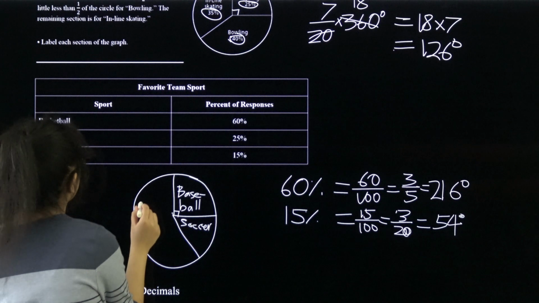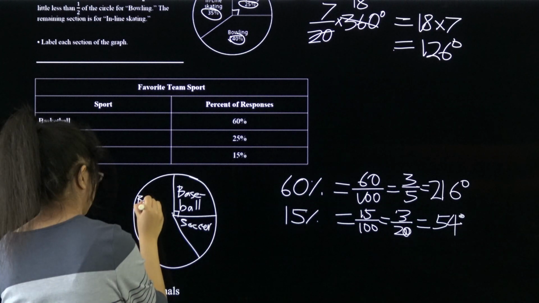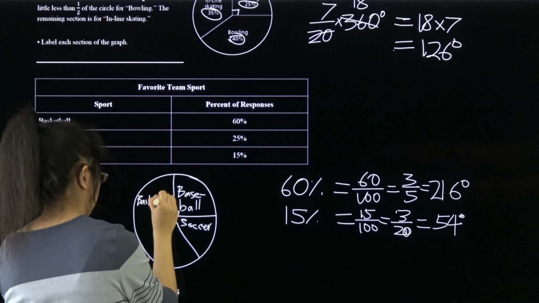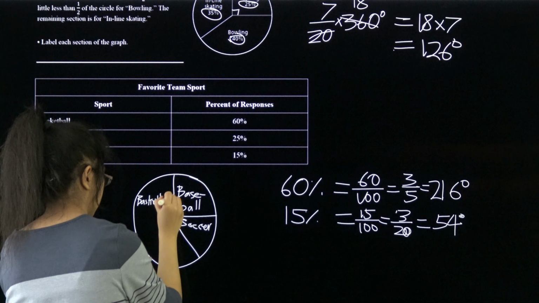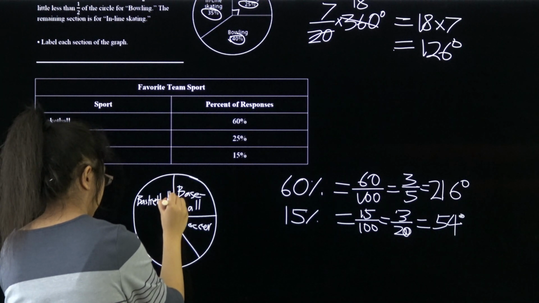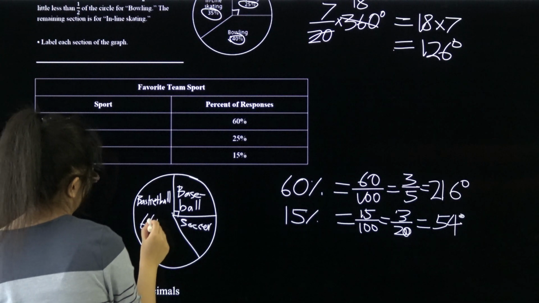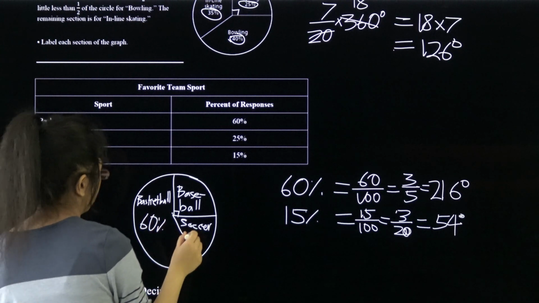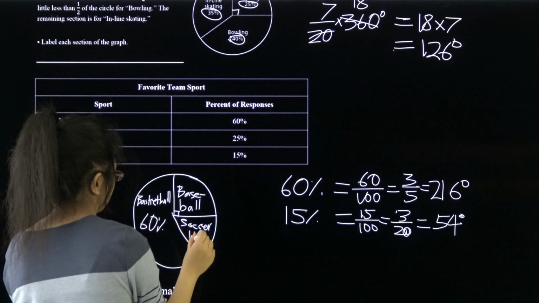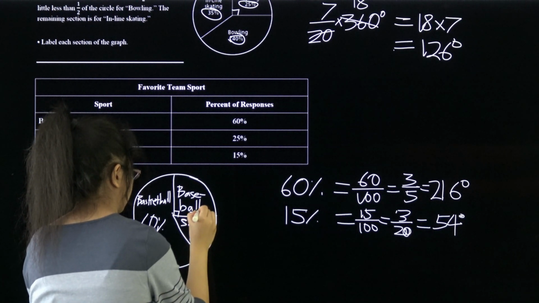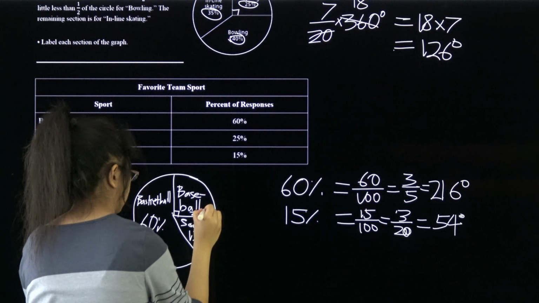And the rest would be basketball. And that's 60%. Soccer is 15%, and baseball is 25%.